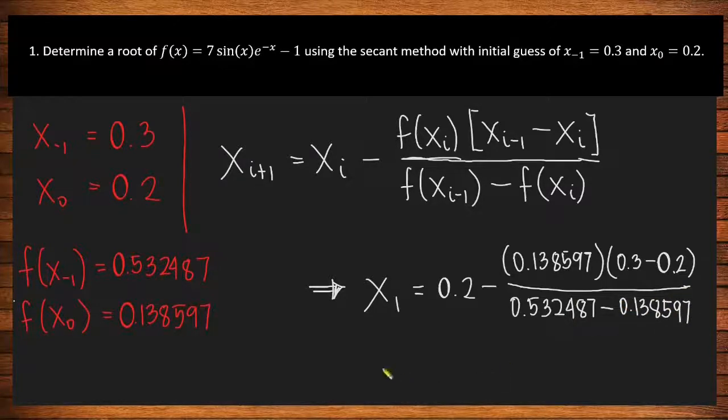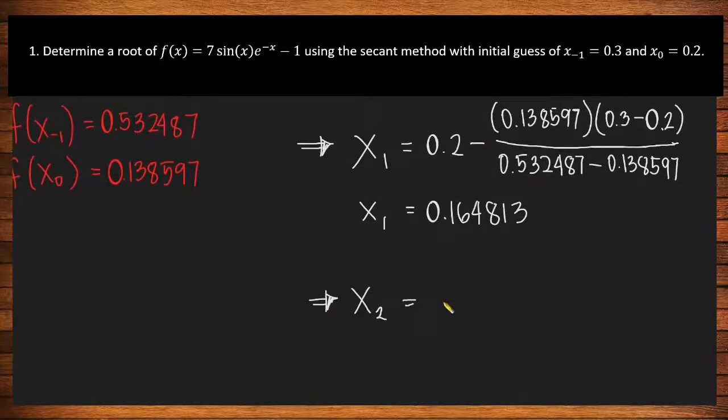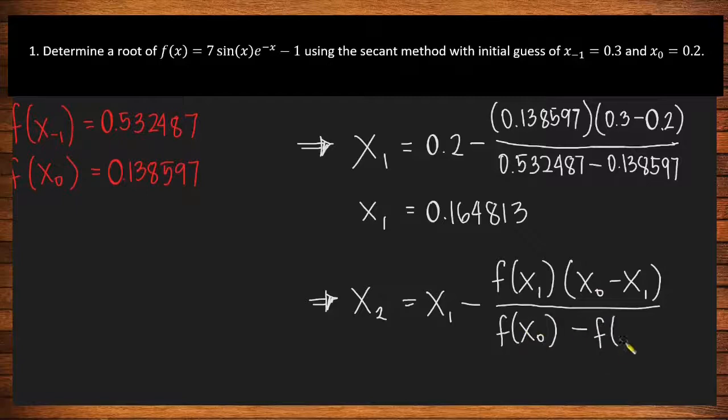So, yung nakuha nating sagot is equal to 0.164813. Ibig sabihin, itong value na to, x sub 1, and then yung x sub 0 naman, yung gagamitin natin for our next iteration. So again, in order to obtain the value of our next estimate, yung gagamitin natin is yung x sub 1 and x sub 0.